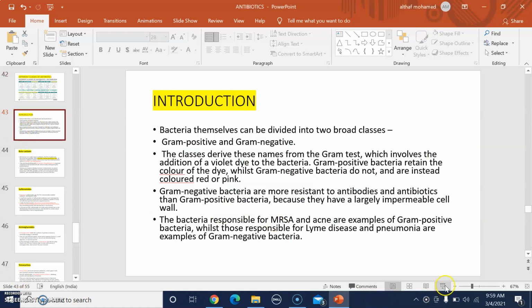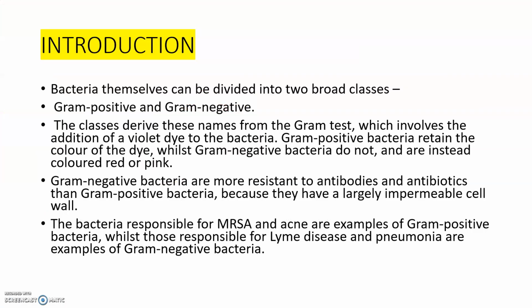The bacteria themselves can be divided into mainly two broad classes that you are already familiar with, gram-positive and gram-negative. The classes derive these names from the Gram test itself, which involves what? That is the Gram staining method, which involves the addition of violet dye, that is crystal violet, to the bacteria.